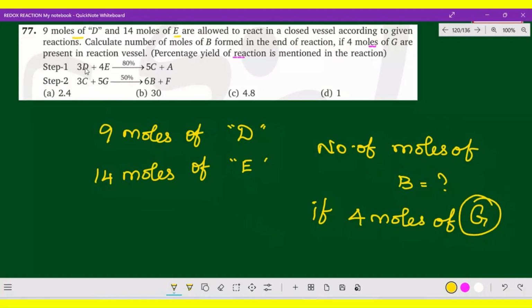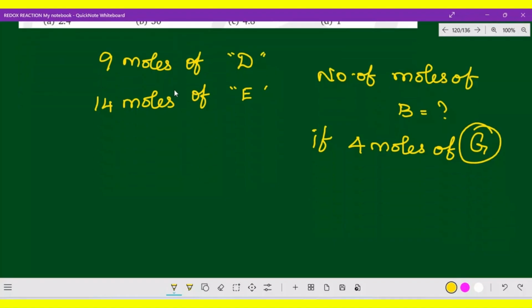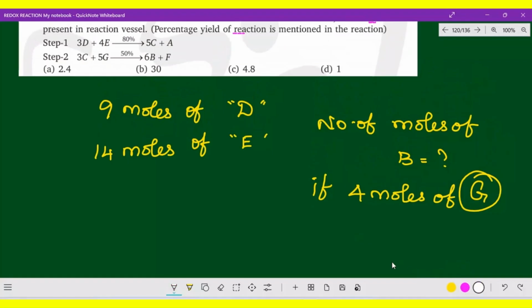Here, 3 moles of D combined with 4 moles of E at 80% gives 5 moles of C and 1 mole of A. And in the same way, 3 moles of C combined with 5 moles of G at 50% gives 6 moles of B and 1 mole of F. Let us write the equations so that it will be easy for us.